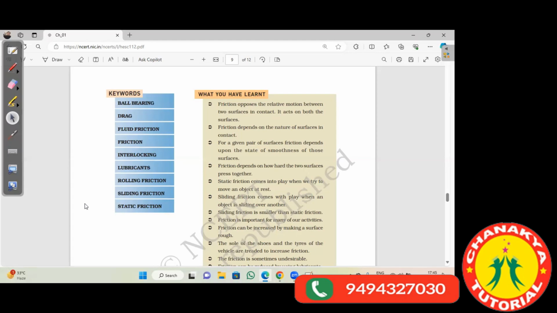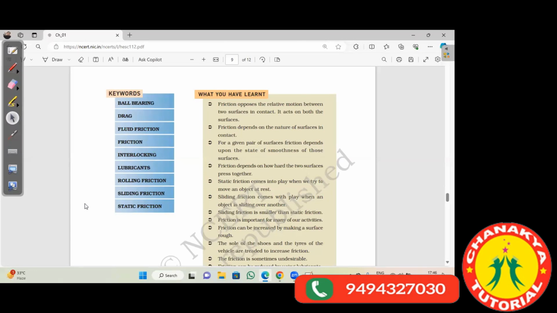The next one is interlocking. What are interlockings? Sir, interlocking the things, for safety locking, like the locking system in the fridge and in the cars. Yeah, obviously those exist, but with this chapter, friction, have you ever studied interlocking? You had studied interlocking when we were studying initially about friction and static friction.